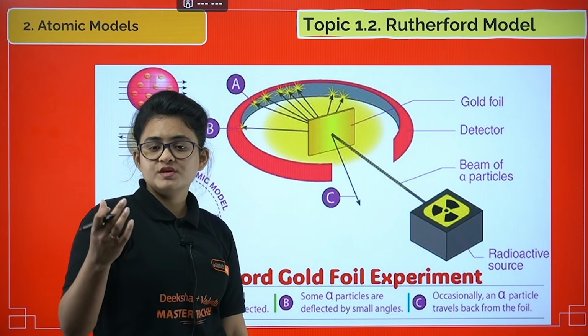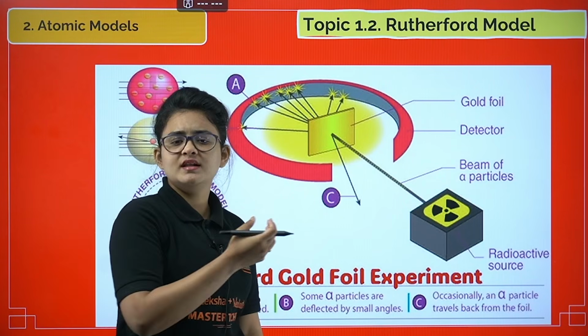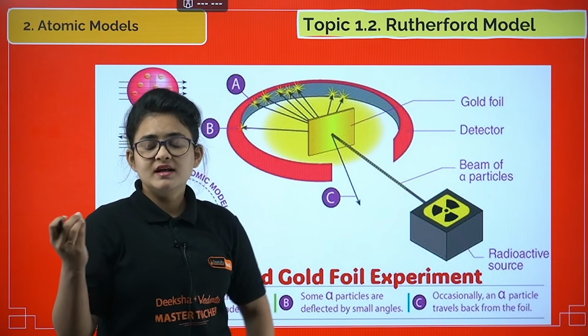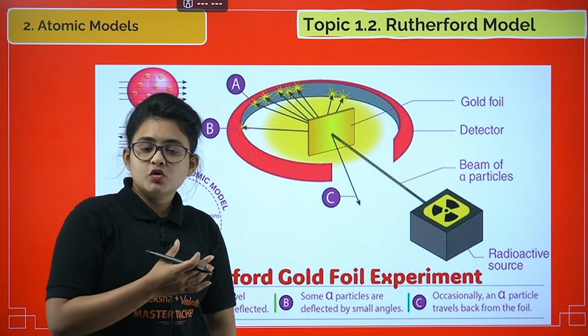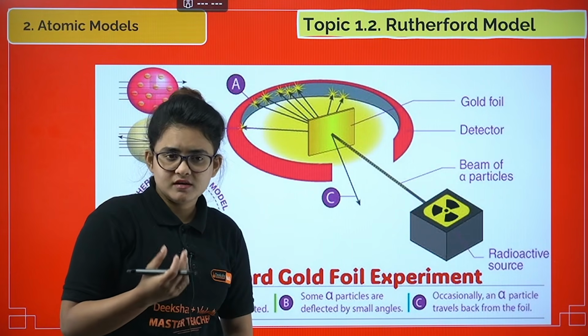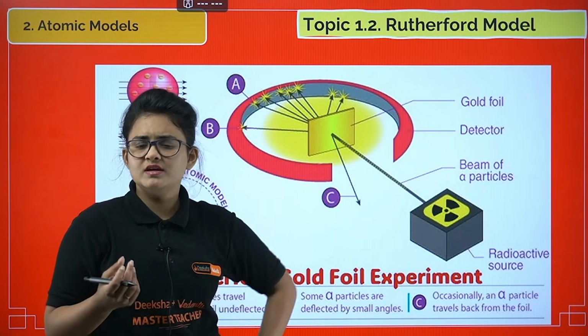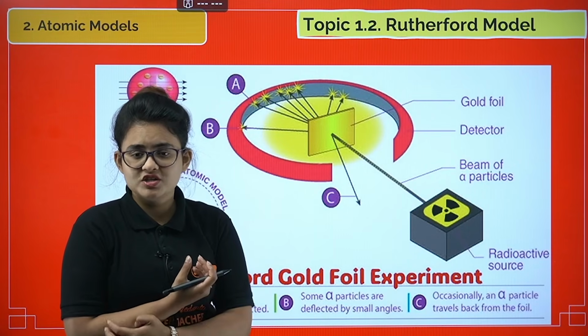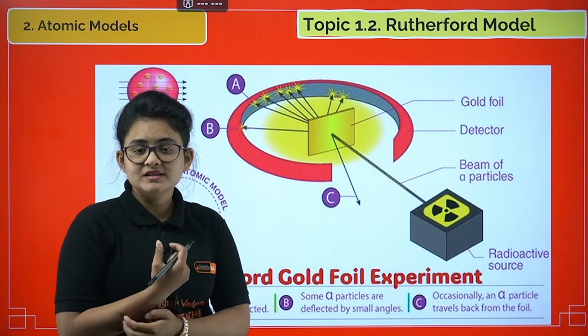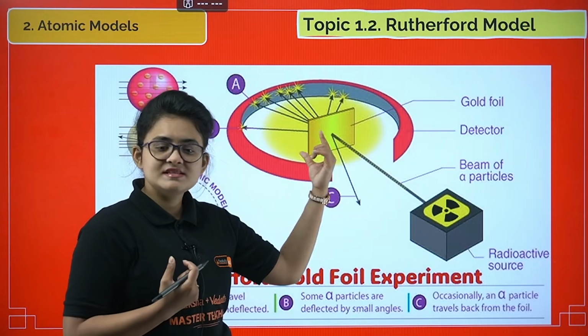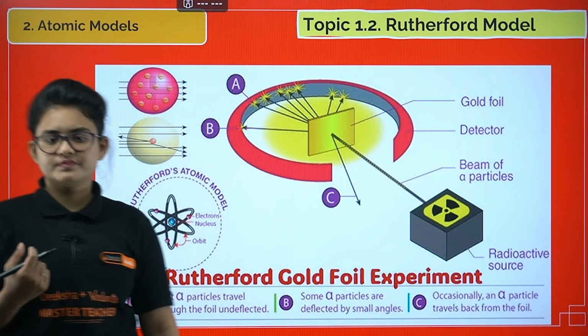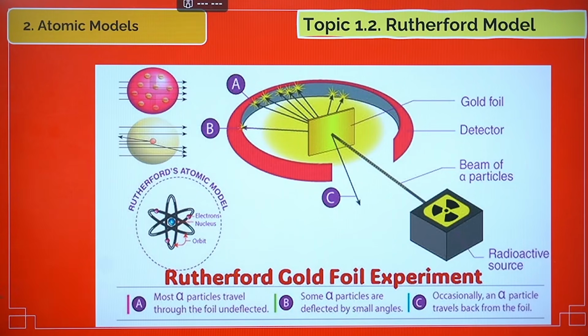Most of the alpha particles went through the gold foil without any deflection. Few of them were deflected, and 1 out of 20,000 came back the same way.